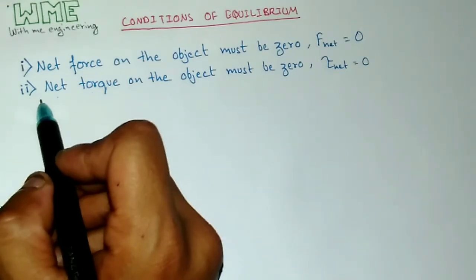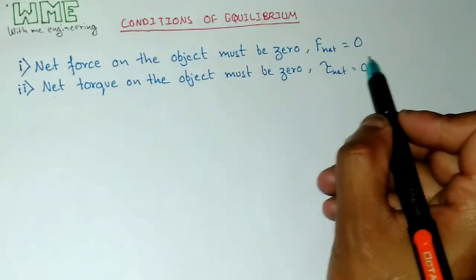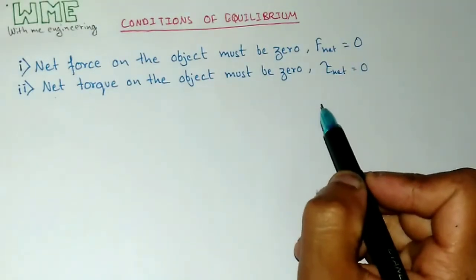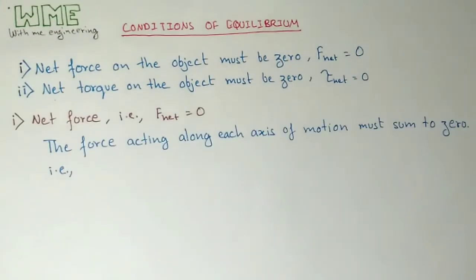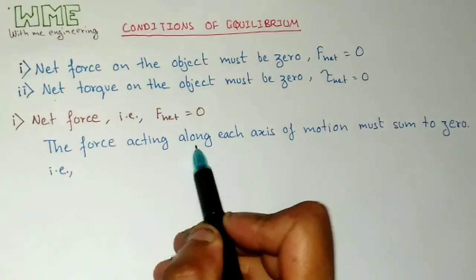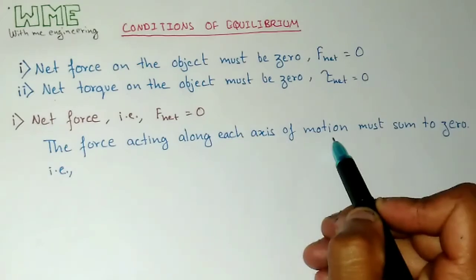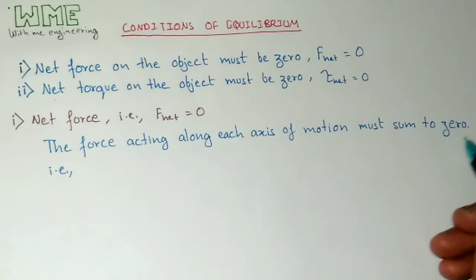Now let us see what F net equals 0 means. The force acting along each axis of motion must sum to 0.